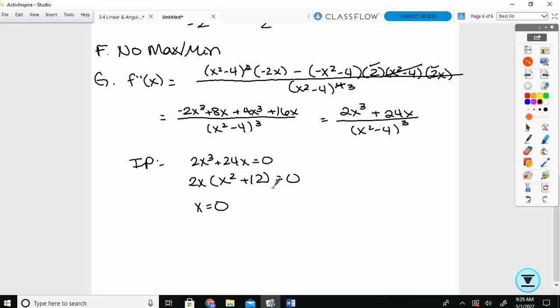If you set 2x equal to 0, you get 0. If you set x squared plus 12 equal to 0, what do we end up with? It would be imaginary, wouldn't it? It would be x squared equals -12. What else do we need for our inflection points? What makes the bottom 0, which we already know is 2 and -2.